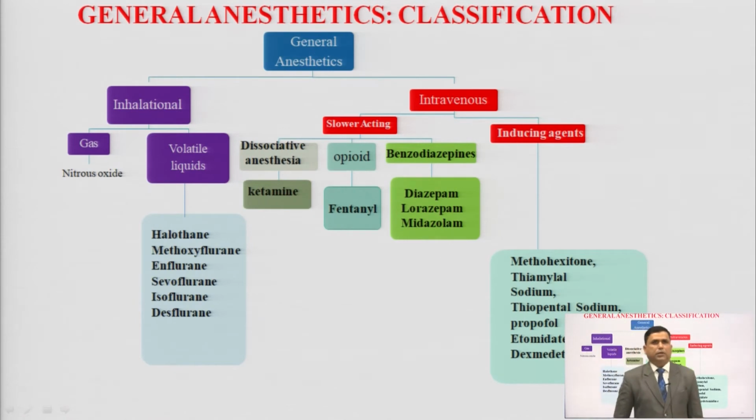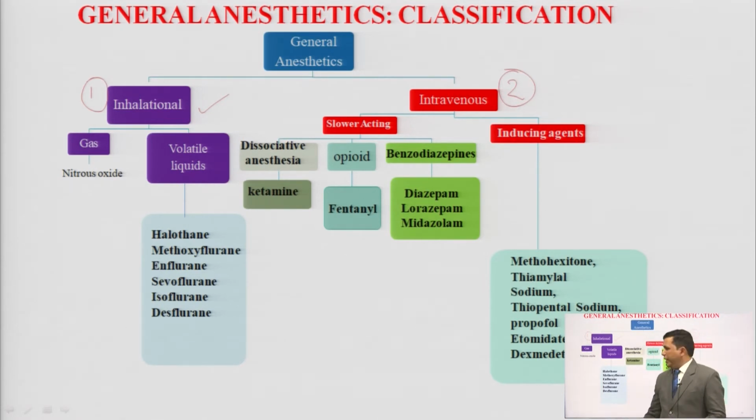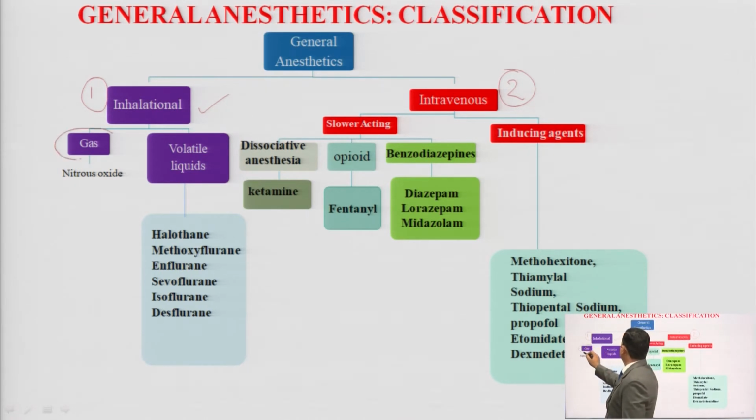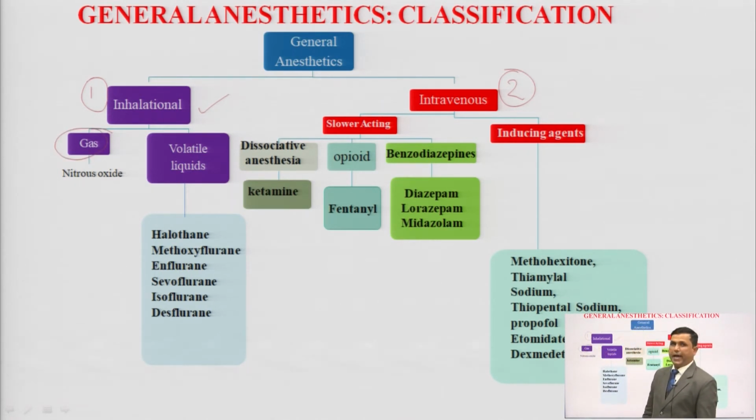Now, the important thing is the classification of the general anesthetics. In the previous slide, I already discussed that we divide the general anesthetics into two parts: the inhalational anesthetics and the intravenous anesthetics. The inhalational anesthetics are further divided into two sections, the gas and the volatile liquid.